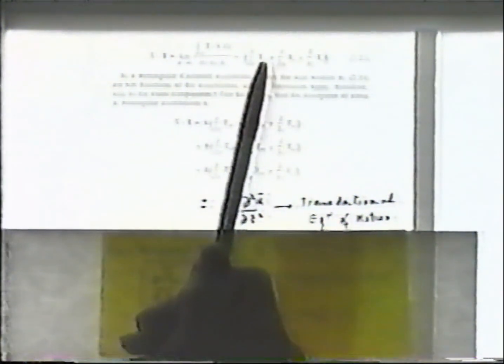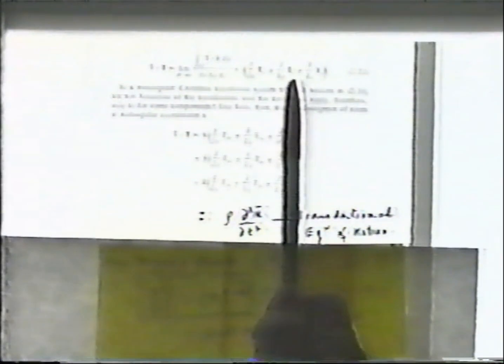It's really a gradient operation, or divergence-like. It's d by dx of a vector T sub x, which has components Txx, Tyx, and Tzx, plus d by dy of a vector T sub y, which has components Txy, Tyy, Tzy, and d by dz of a vector T sub z, which has components Txz, Tyz, Tzz. So we can either write this in this way or in that way.